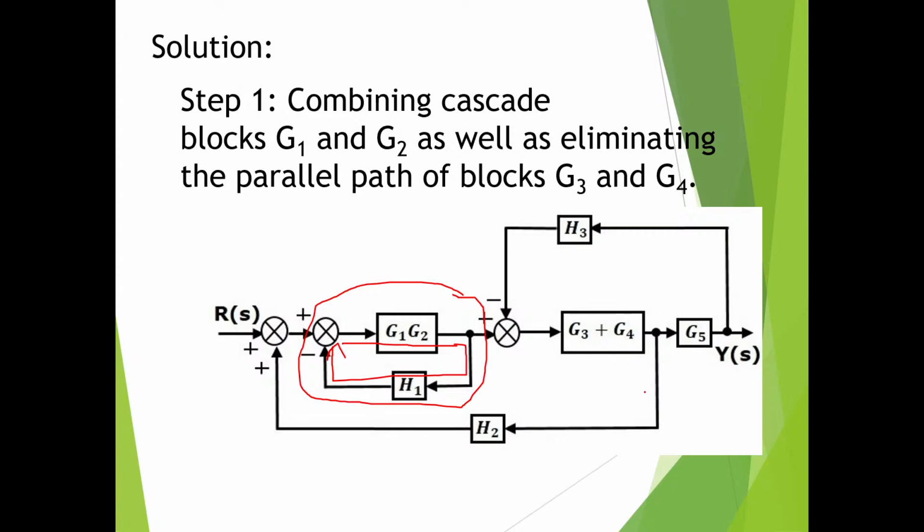One more thing came to my mind: these two blocks, G5 and G3 plus G4, if this branch point was not there, they might have been in cascade, isn't it? Then I could have multiplied G5 with G3 plus G4.